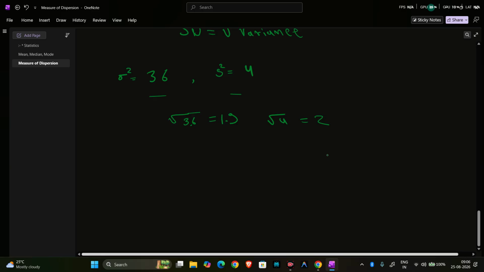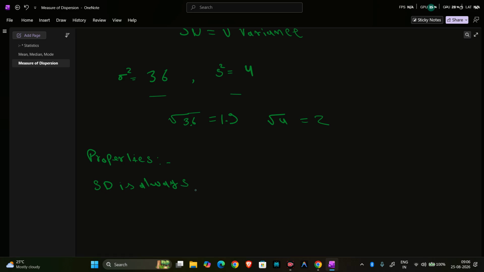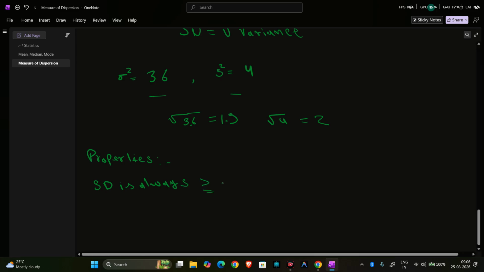Okay, so we have some properties of the standard deviation. First, standard deviation is always greater than or equal to 0.